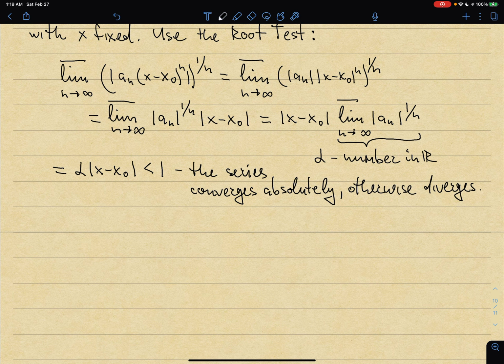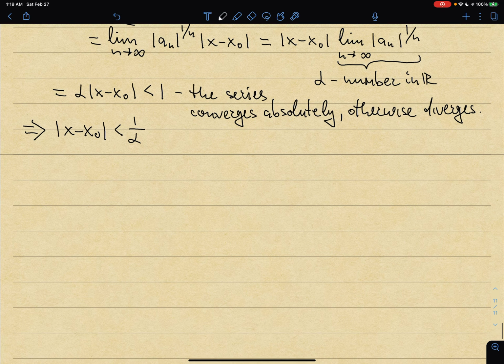And so then the final conclusion here, if I solve this inequality for |x - x0|, I get that |x - x0| must be less than 1 over alpha. And so this inequality describes the set of all x for which the series is going to converge, right?